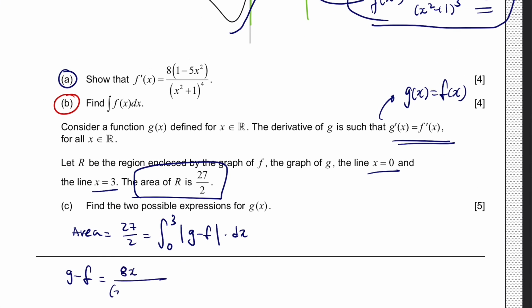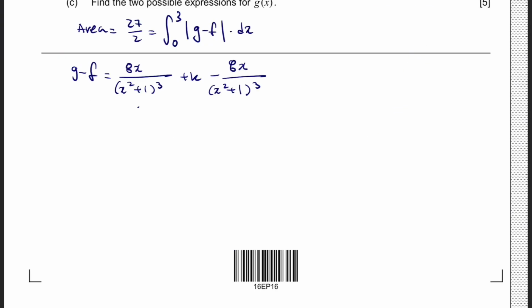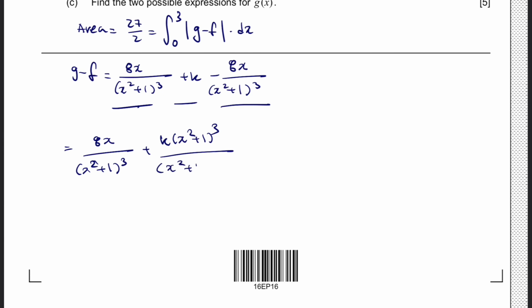Okay, then we do g minus f, which is the same as 8x over x squared plus 1 to the power of 3 plus k minus 8x over x squared plus 1 to the power of 3. Okay, then let's try to simplify these terms by having a common denominator. So 8x over x squared plus 1 to the power of 3 plus k times x squared plus 1 to the power of 3 over x squared plus 1 to the power of 3, minus 8x over x squared plus 1 to the power of 3.